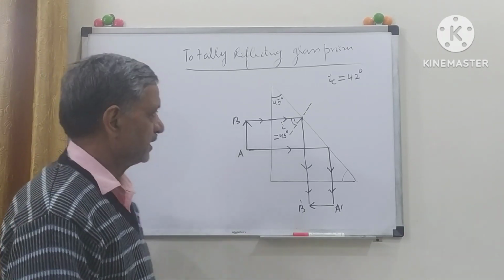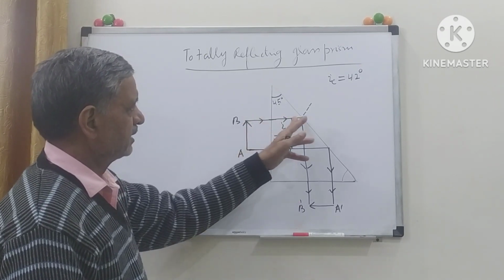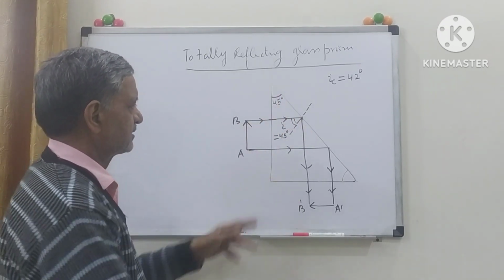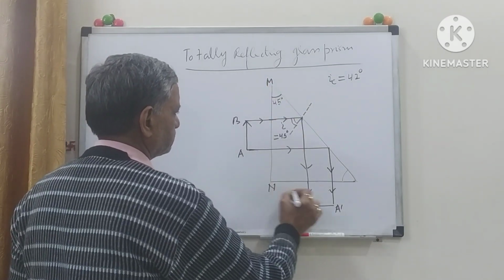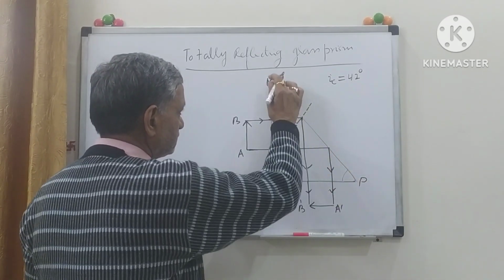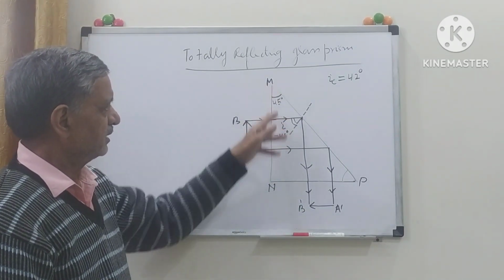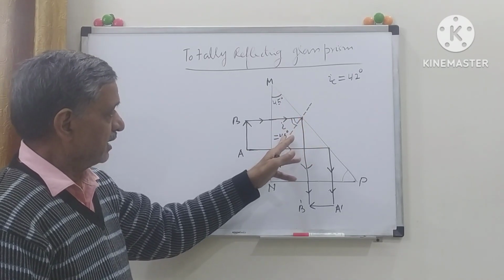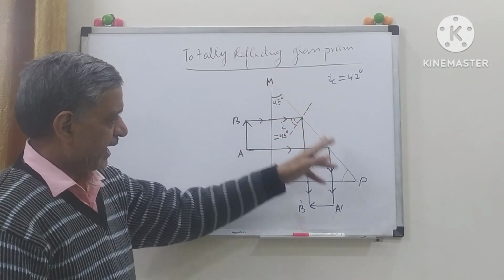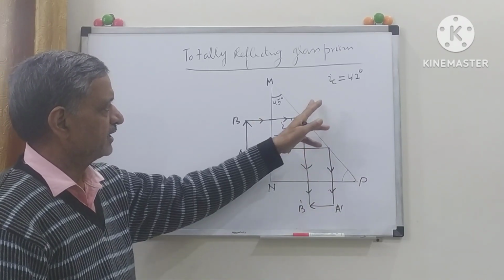All right. The ray that starts from point B at this face, take say triangle MNP. At the face MN, this ray is normal, so it will go straight without deviation. At face MP, this ray is not normal, so we will draw normal here.